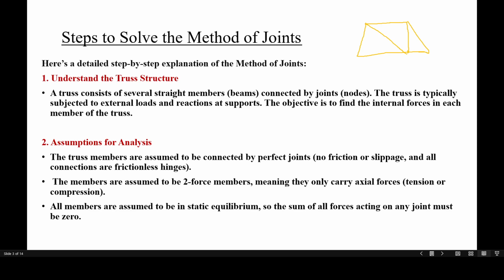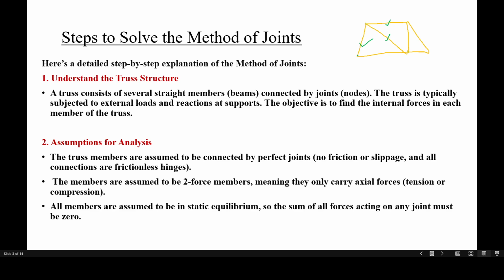Let me explain with the diagram I drew. All the straight lines or beams that you can see over here are the members, and the points at which they connect, this one, or all the points at which they connect, are the nodes or joints.